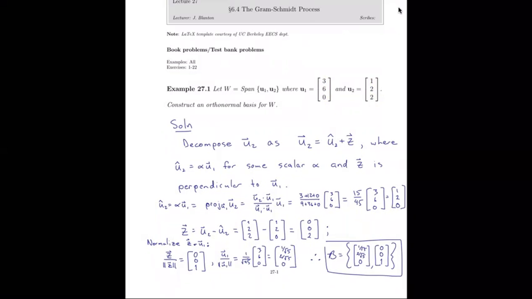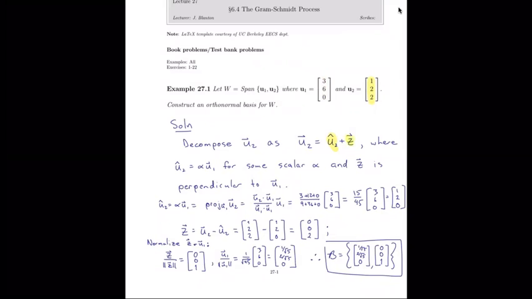We have two vectors. We know how to find the component of U2 that's orthogonal to U1, and that's probably what we need to do in order to come up with an orthogonal basis. Remember that if we decompose U2 as a vector U2 hat plus Z, where U2 hat is parallel to U1, in the space spanned by U1, and Z is orthogonal to U1, then we don't really need the U2 hat component.